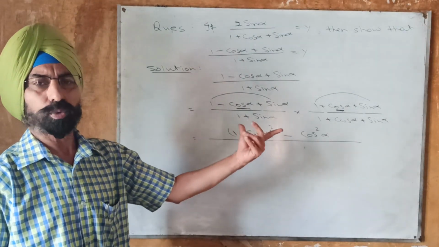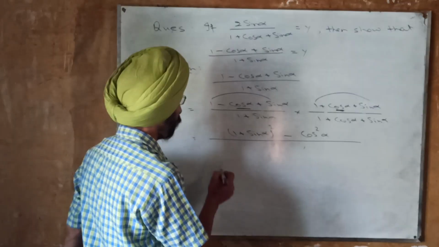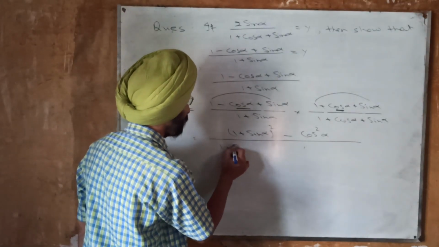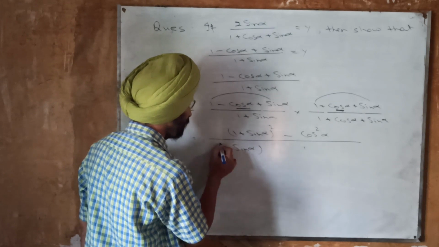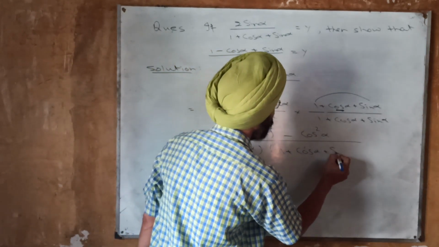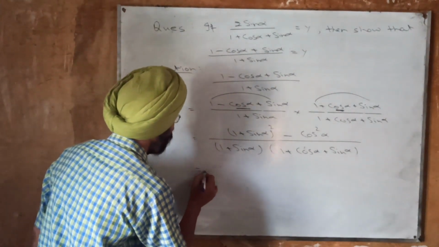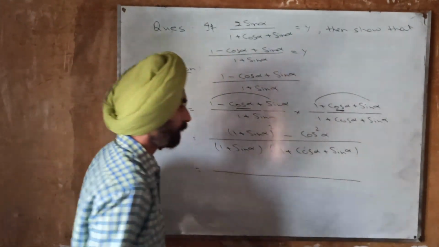Denominator I am not going to solve because this term as it is I need. So I am writing it as 1 plus sin alpha in one bracket and 1 plus cos alpha plus sin alpha in the other bracket. Numerator I will have to solve.